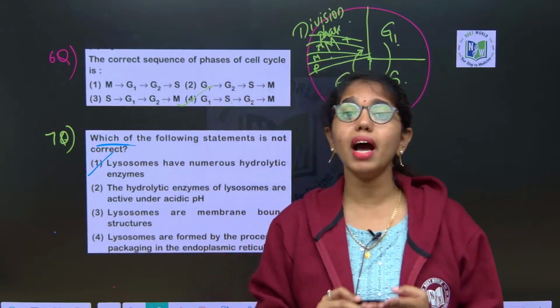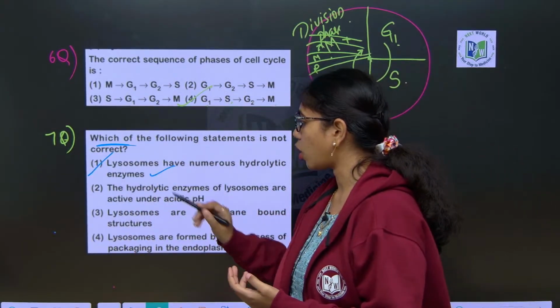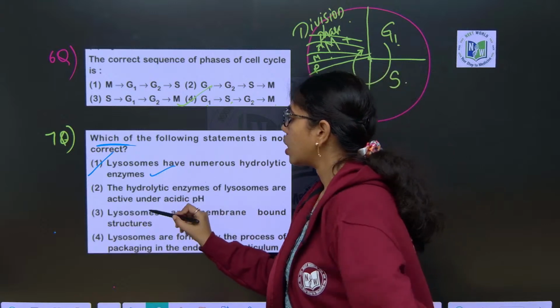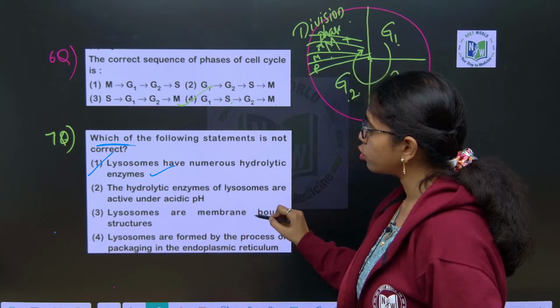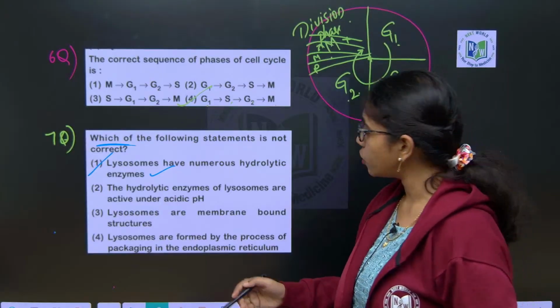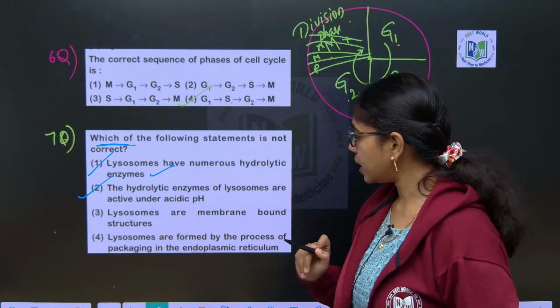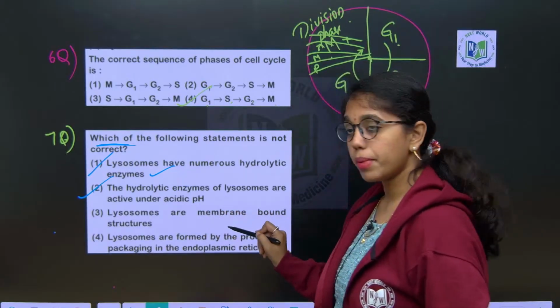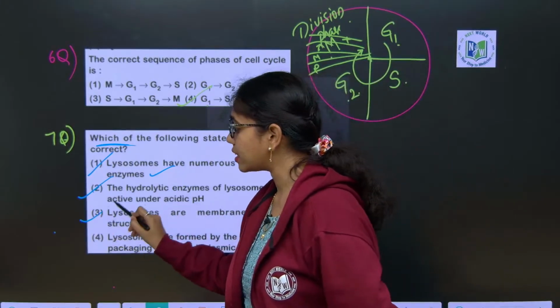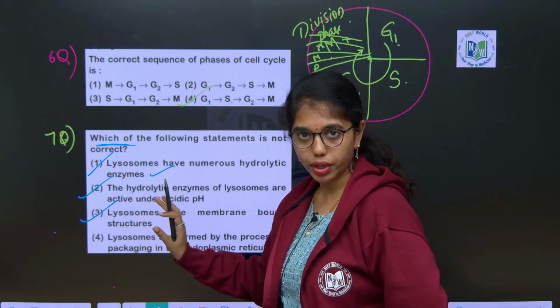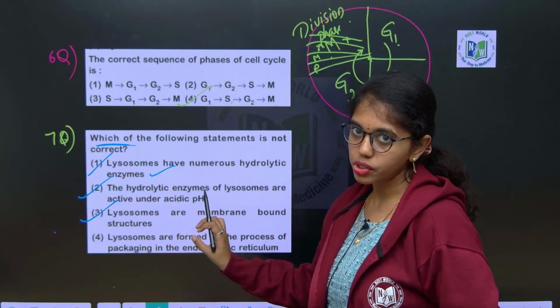These are all what, ma? Hydrolytic enzymes, correct. Statement 1 is true. Next, the hydrolytic enzymes of lysosomes are active under acidic pH, true. They are inactive under basic pH, they are active under acidic pH. Lysosomes are membrane bound structures, correct. These are single membrane bound structures which are in the endomembrane system, clear.